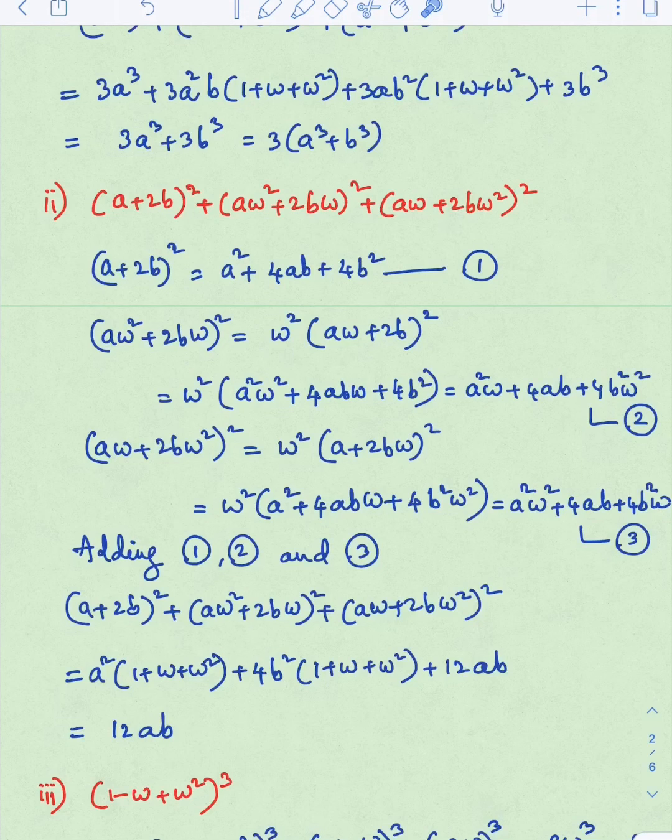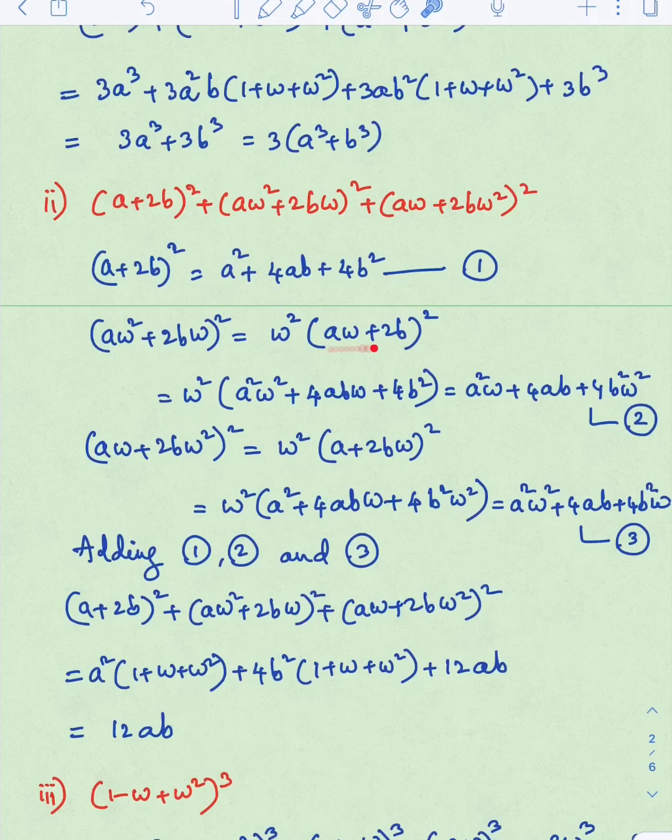So what did we do here? For a plus 2b whole square, we applied the a plus b whole square formula and got a square plus 2ab, 2 into a into 2b, 4ab. 2b whole square is 4b square. Next, in this, omega square is taken common, so omega square times, inside a omega plus 2b remains.